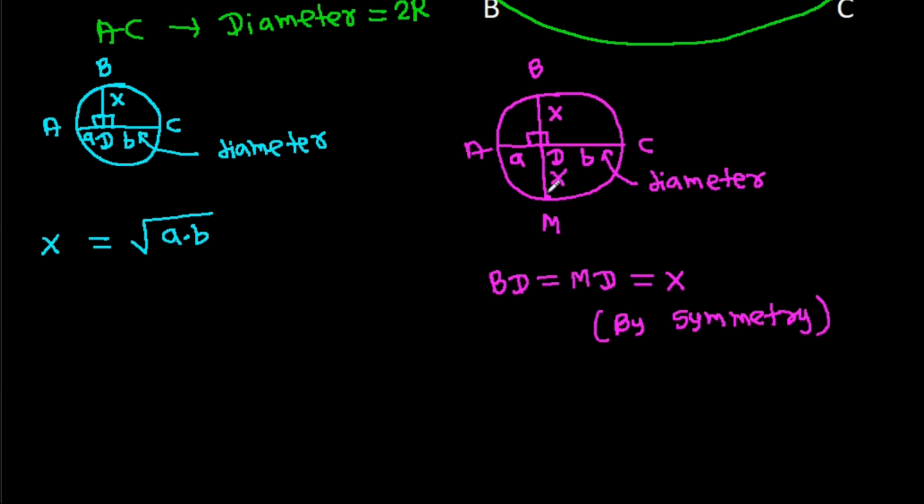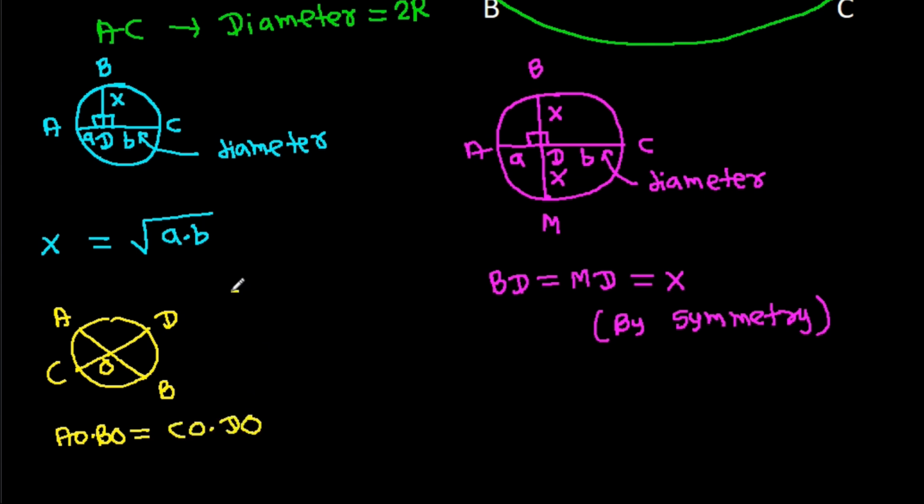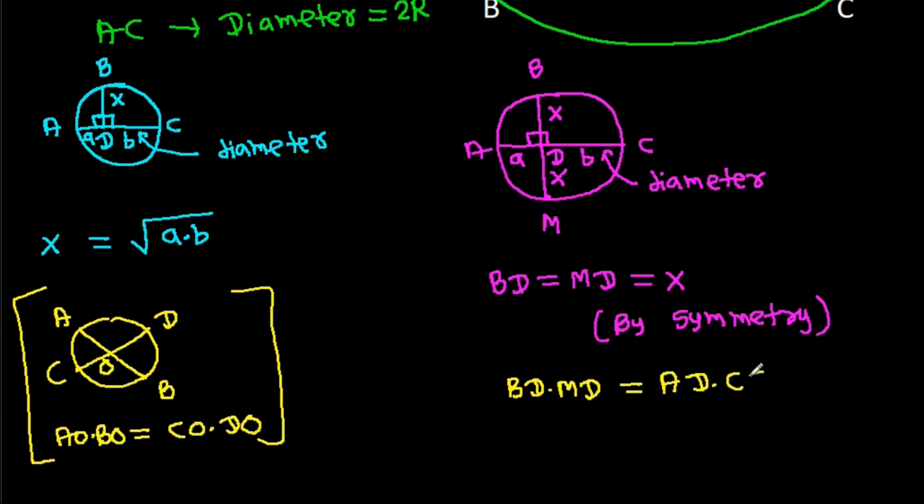So MD, it will be X. And in any circle, if two chords AB and CD intersect at O, then AO times BO, it is equal to CO times DO. So here BD times MD, it will be equal to AD times CD, and it is X times X is A times B, so X, it will be a square root of A times B.